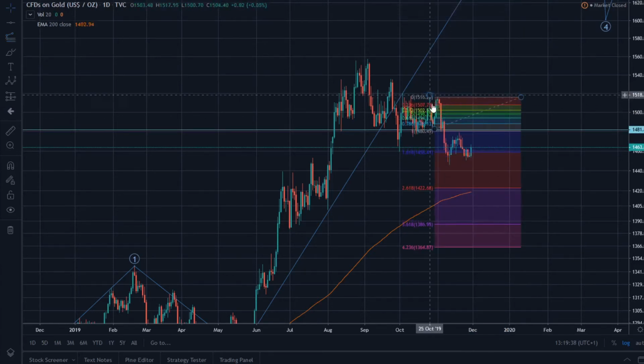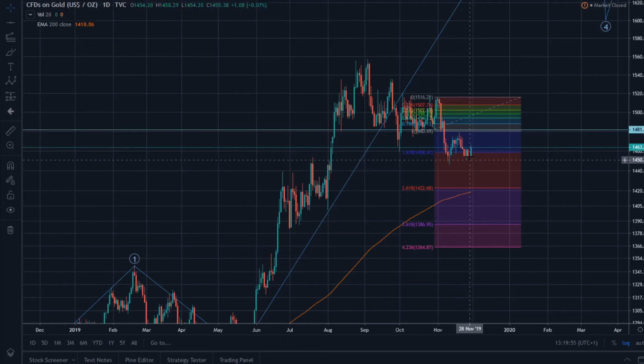So if we have the 1-2, the extension should touch at least this 1.618 price range. It did. It touched it. So that means the criteria for this wave 3 is fulfilled. So it could be counted as a 3.